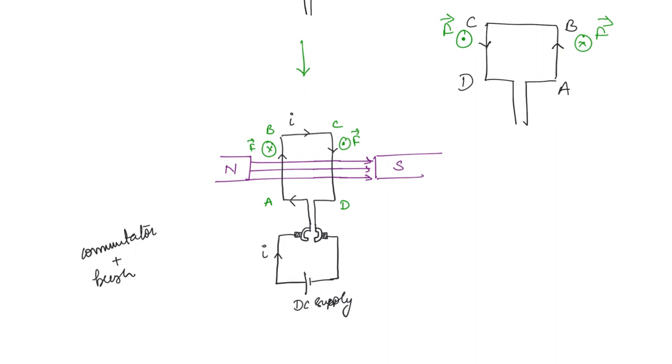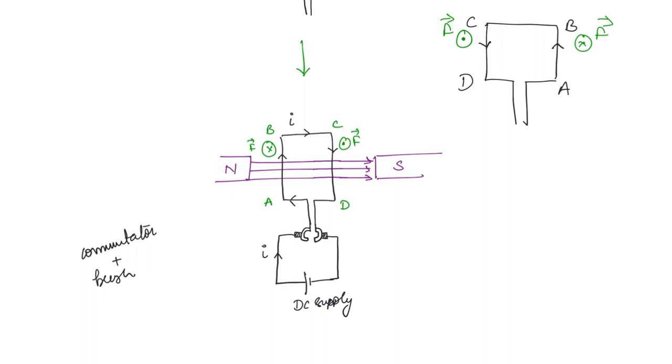After half a rotation, this brush will slide on this commutator segment. Now the brush is going to slide on this commutator for half a rotation. After a half rotation, this commutator is going to come here, right? So then the current will now be reversed in the coil, so that the torque that will be produced will be in the same direction.